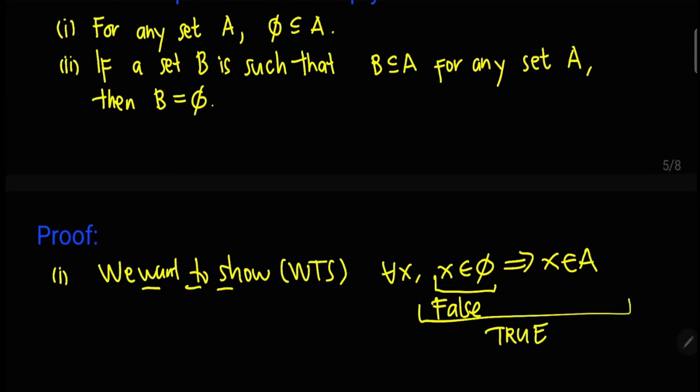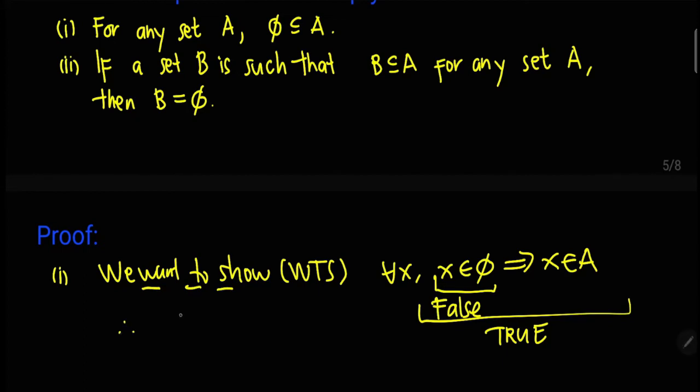Again, remember the truth value of an if-then implication. If you have if-then, the statement will always be true whenever the premise is false. Actually, we call that a vacuously true statement.